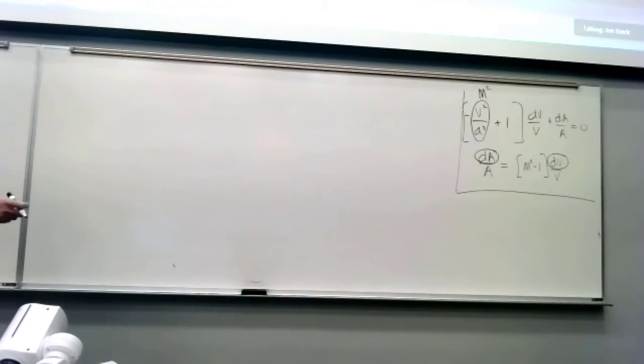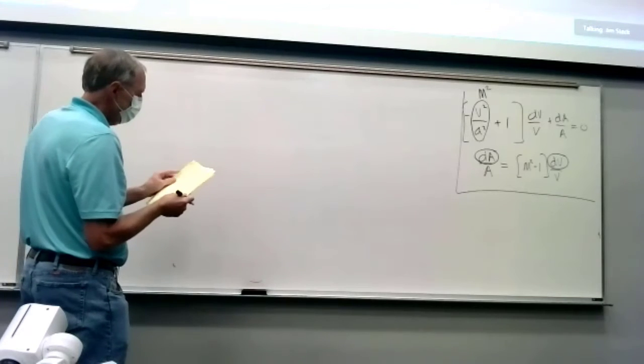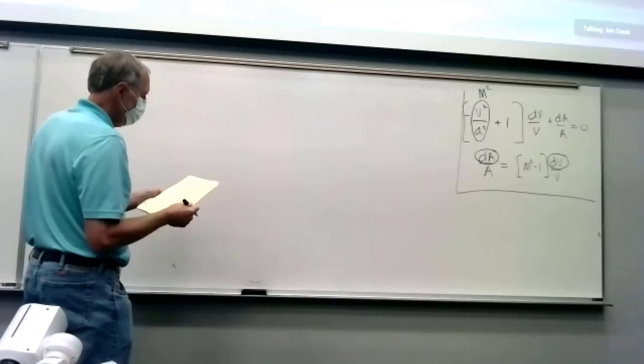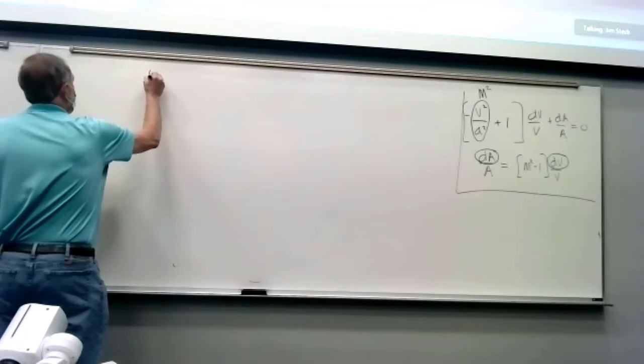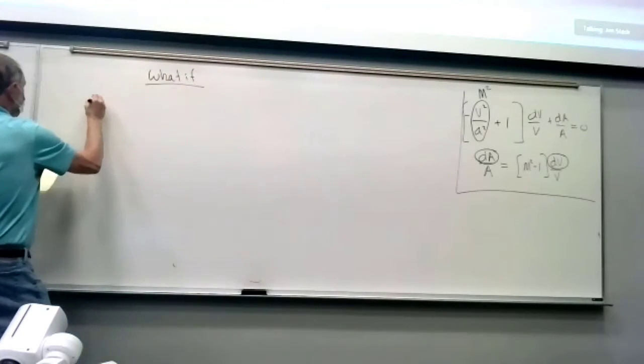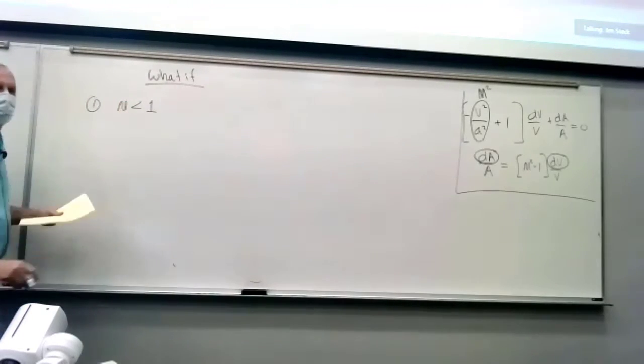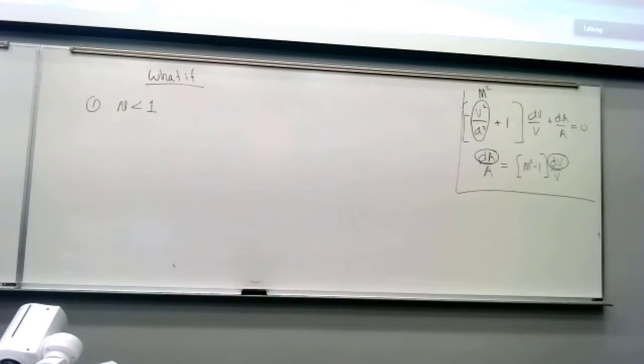All right, so they got to this point and said, well, what happens if the Mach number is subsonic? So we're going to do some what-if stuff. The first one is, all right, we know how subsonic flow works, especially incompressible. Density is constant. We have Bernoulli's equation.